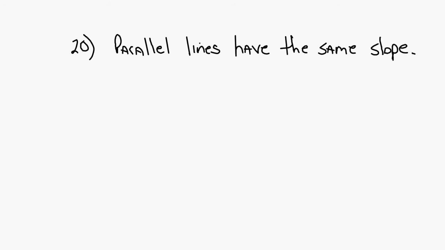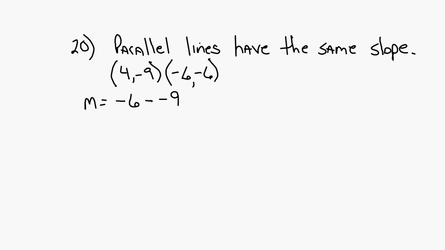Okay? I've already given you the slope formula. So if the first point is at (4, -9) and (-6, -6), you find the slope of this first line. You would do that by m equals negative 6 minus negative 9 divided by negative 6 minus 4.